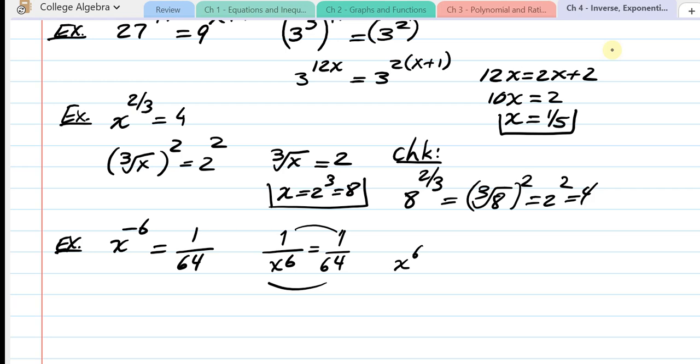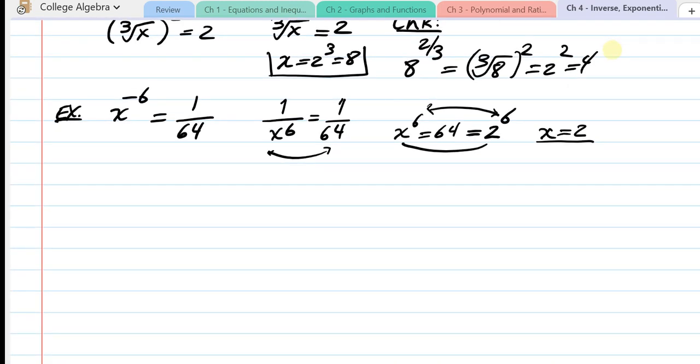So x to the 6 should equal 64 for these to be the same fraction. I can rewrite 64 in base 2 as 2 to the 6th. Again, I have a case where exponents are the same, so bases must be the same. So x has to be 2 in this case.